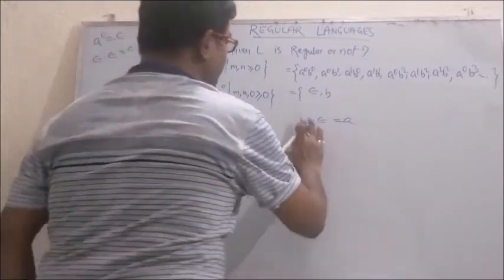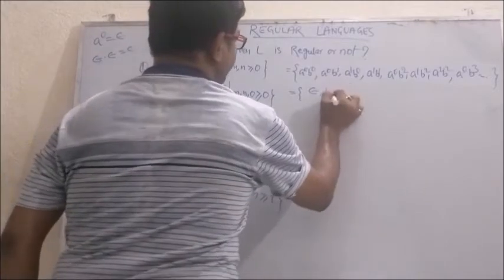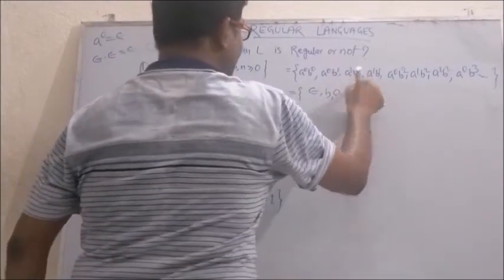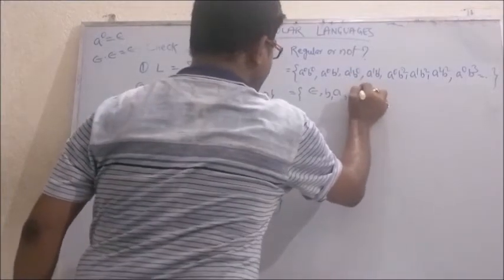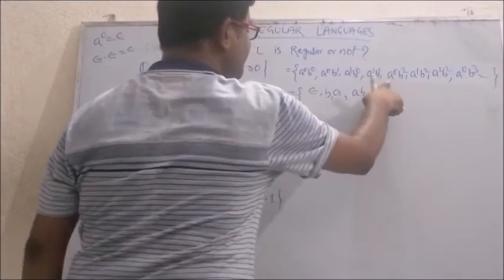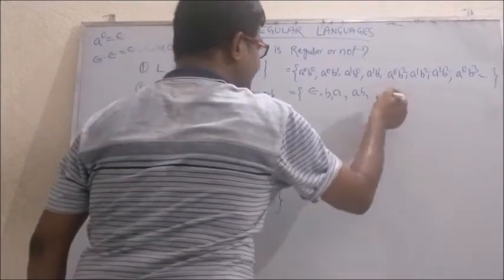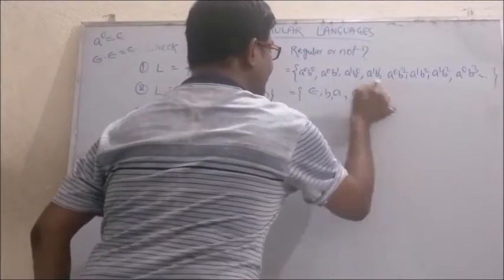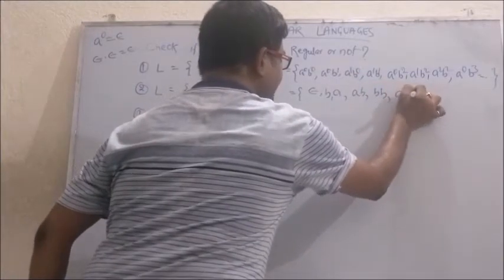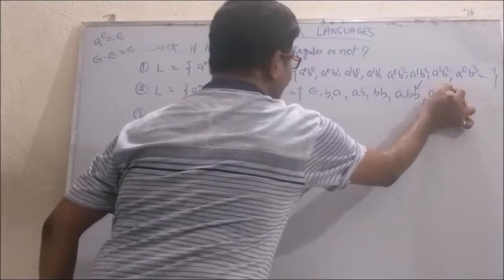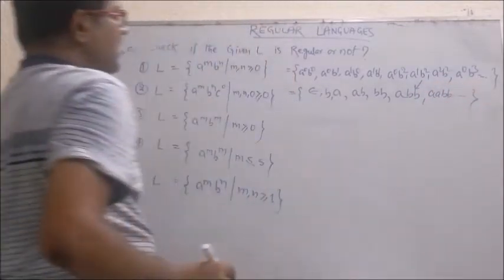Next is A1 B1, that means AB only. Next is A0 B2: A0 is epsilon and B raised to 2 is BB. Next A B B, and so on.